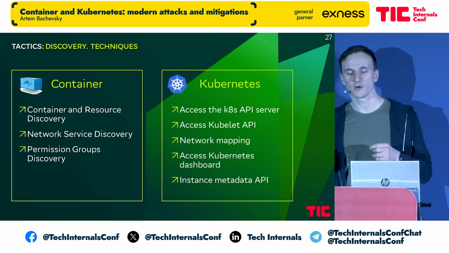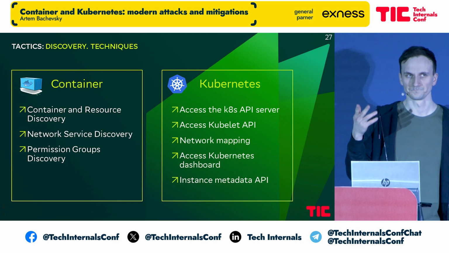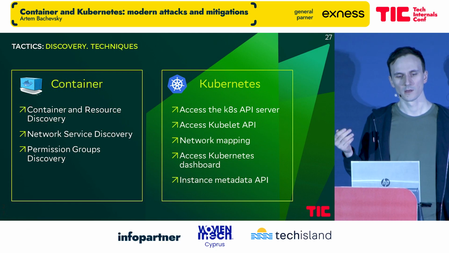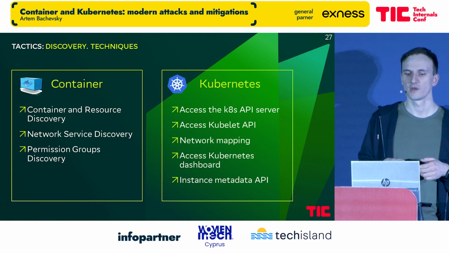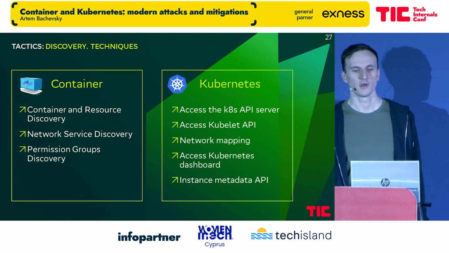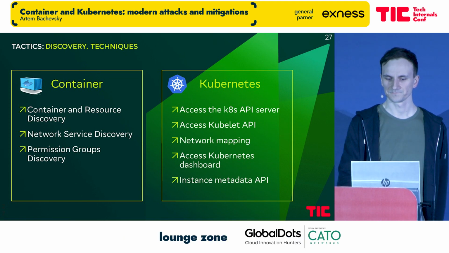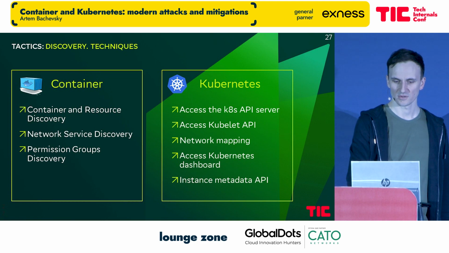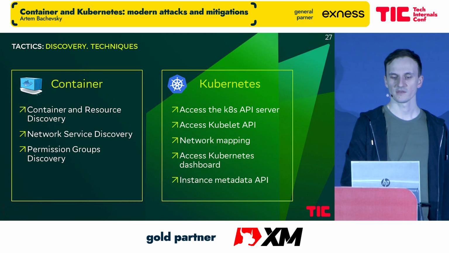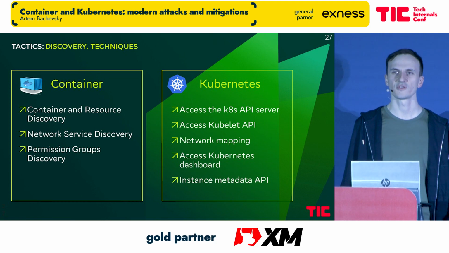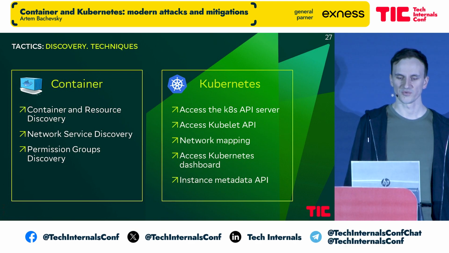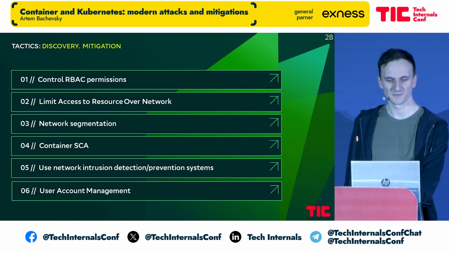In some cases, the cloud allows us to understand where we are located and what is nearby us. Or it could also be done in some legal ways, like accessing the Kubernetes dashboard. So observability here is not our friend.